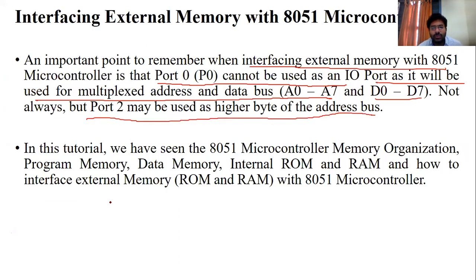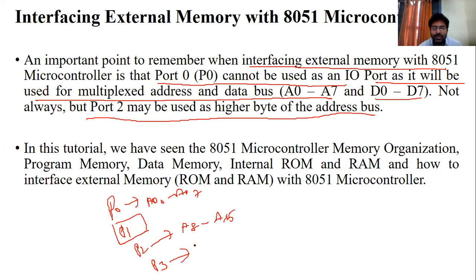You know that 4 ports are available: port 0, port 1, port 2, port 3. Port 0 is also utilized for AD0 to AD7. Port 1 is not used for any of the multiplexed lines. Port 2 is used for the A8 to A15 lines. Port 3 is used for some RXD lines, some TXD lines, write lines, and read lines.